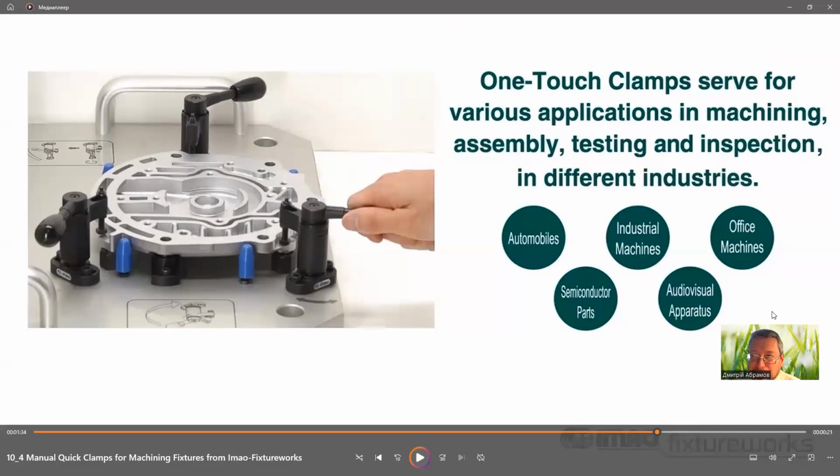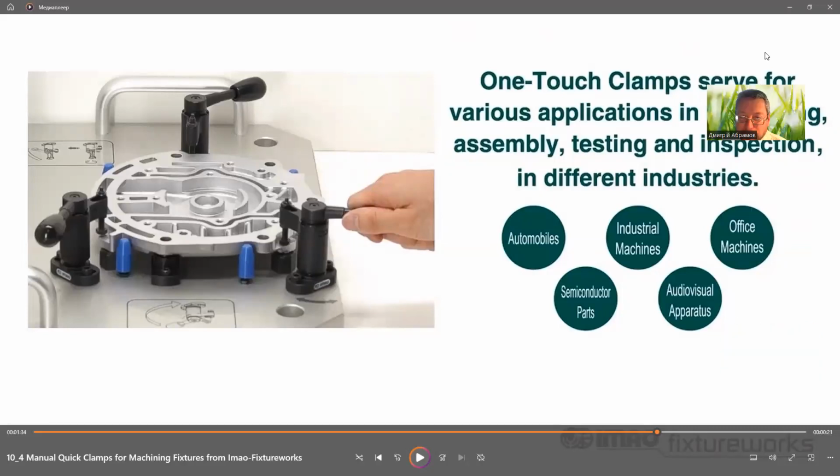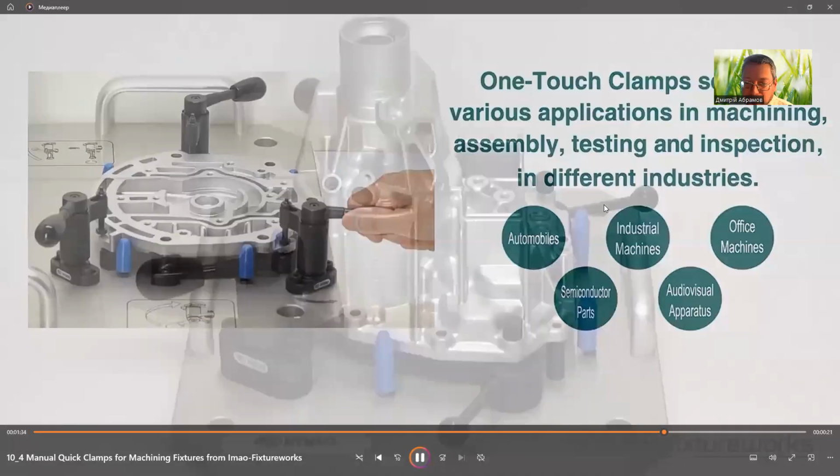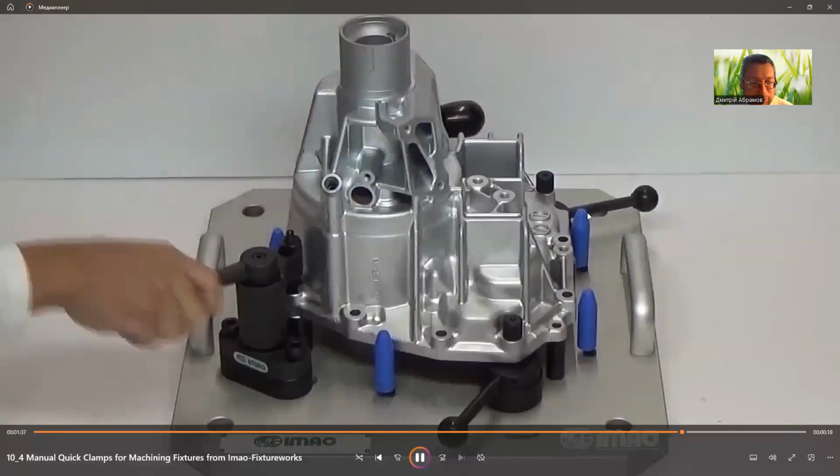One-touch clamps serve for various applications in machining, assembly, testing, and inspection in different industries. First of them is the automobile industry or industrial mechanism. Machines, industrial machines.